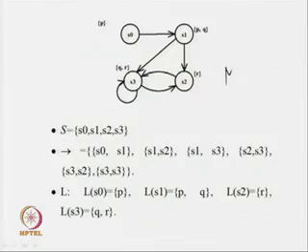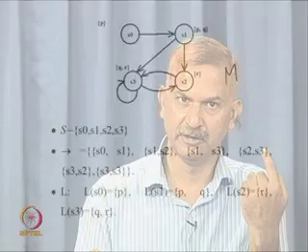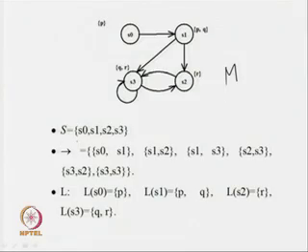Now, just see this particular model M. A model has three components basically. The first is the set of states, the second is the transition relation, and the third is the labeling function. In this model, S is the set of states, and we have four states: S0, S1, S2 and S3.